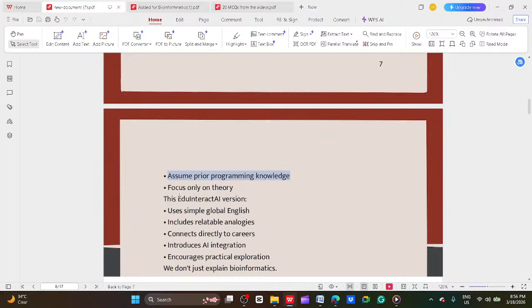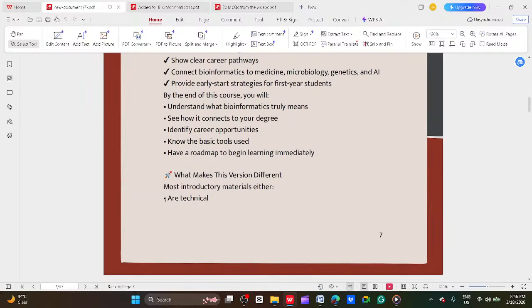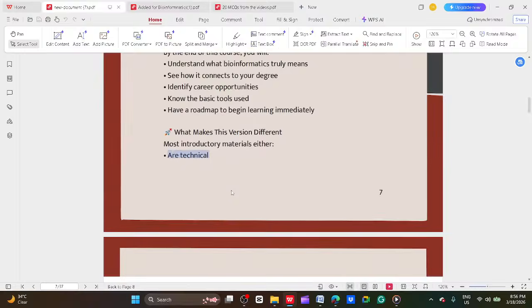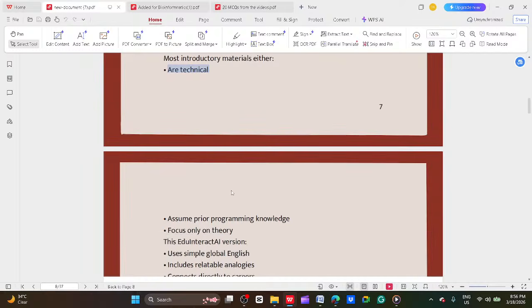Then most of the textbooks that you see outside there, some of them focus only on theory. Some are too technical, making use of big grammar like genomics, proteomics, metabolomics, all this.